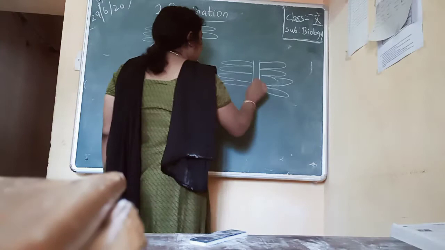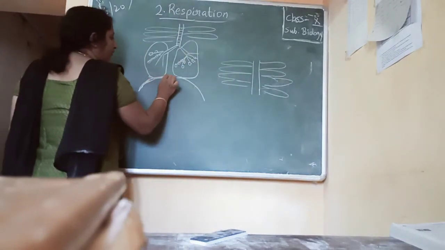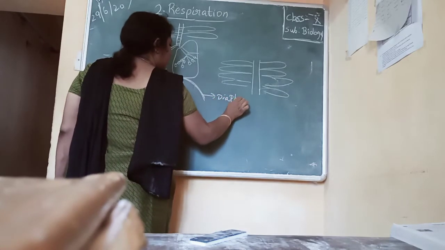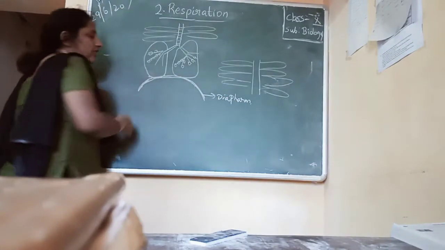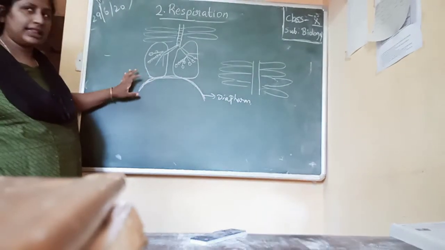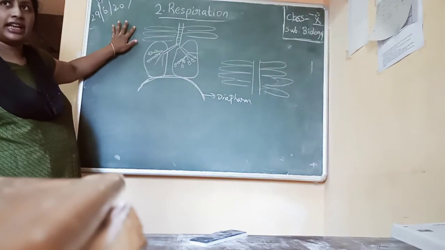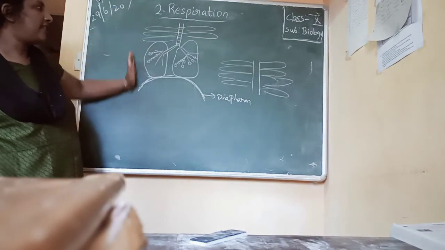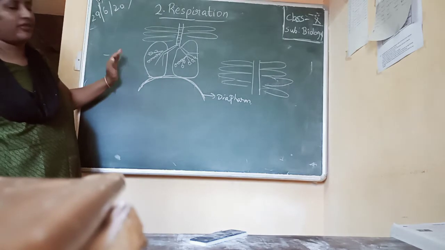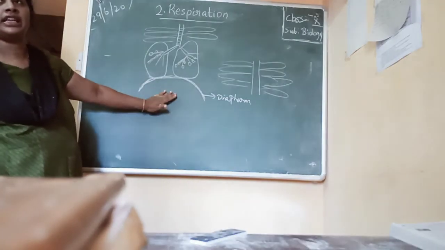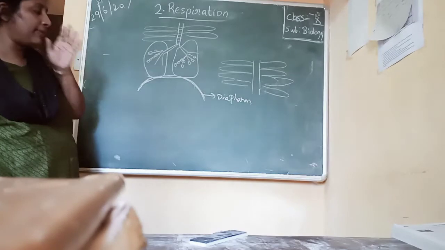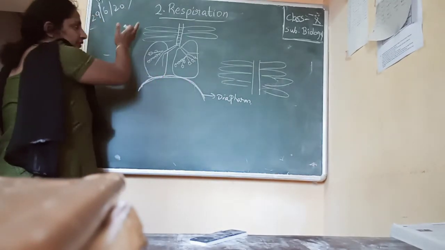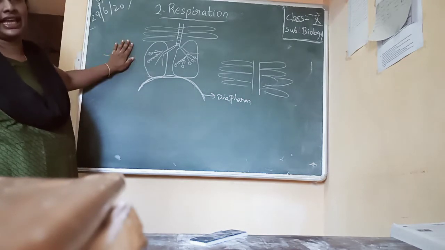Actually, in simpler form, this is our diaphragm. Above the diaphragm, the cavity is called the thoracic cavity, and below it is called the alimentary cavity.